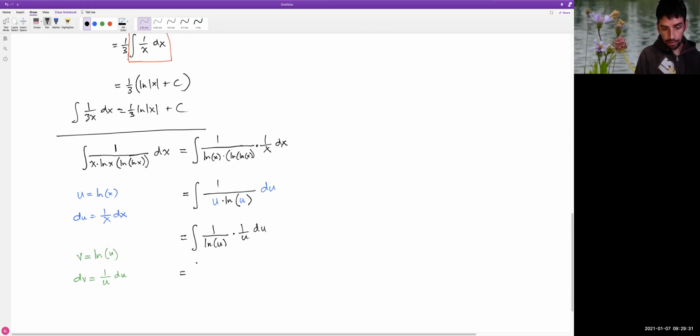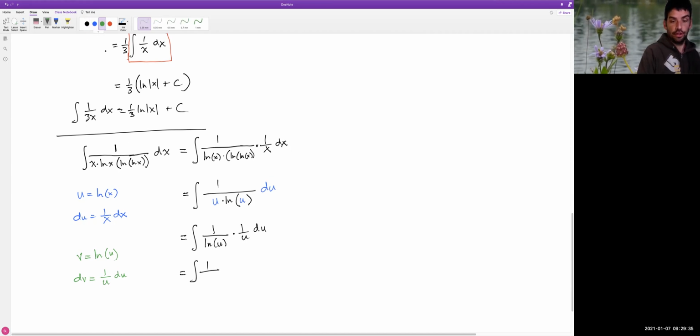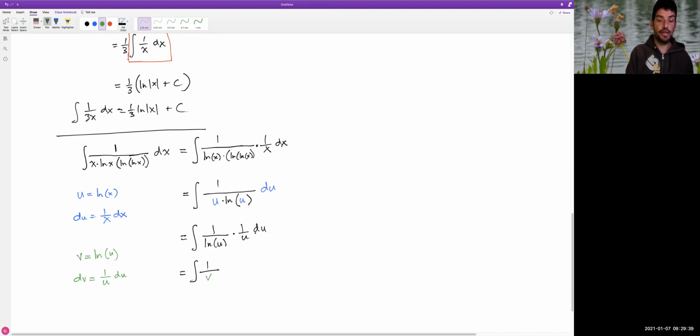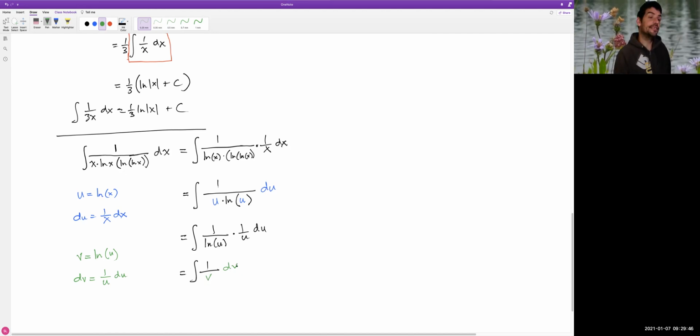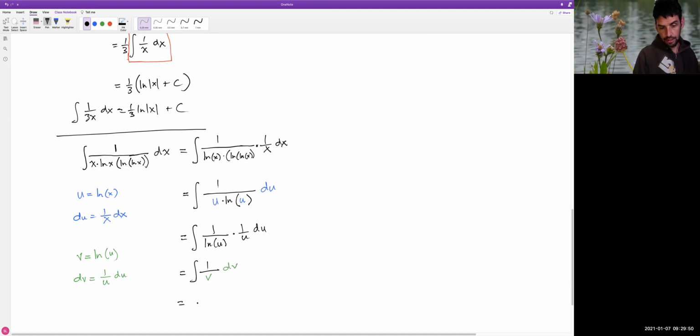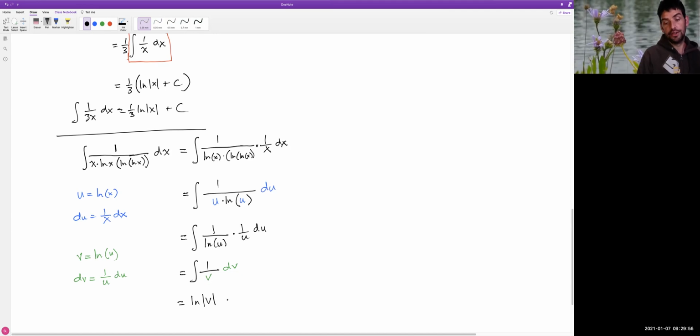And so now, when I replace everything, the natural log of u is now replaced with v, and 1 over u du is replaced with dv. Now we have precisely the form we need to use our antiderivative rule. The antiderivative of 1 over v is the natural log of the absolute value of v plus c.